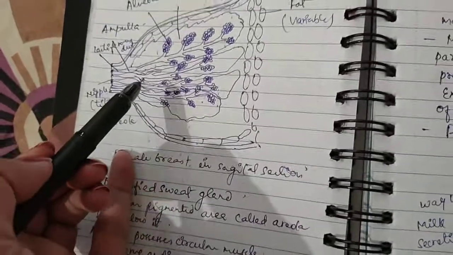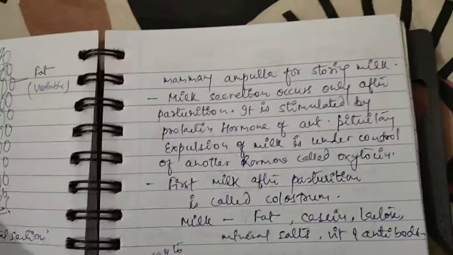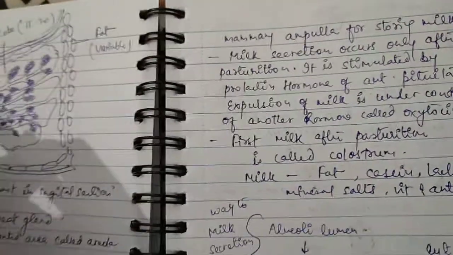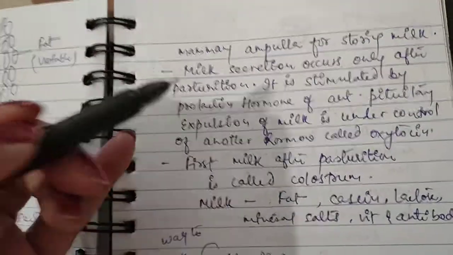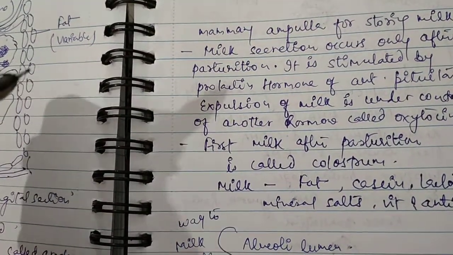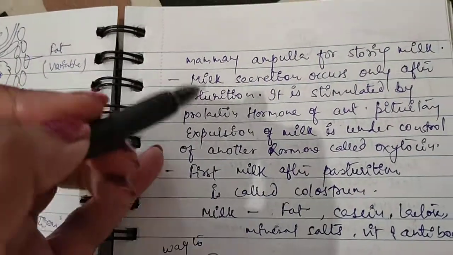You see here that it has a broad structure known as ampulla. Ampulla is any structure which is somewhat broader than the other. Yesterday you saw isthmus, ampulla and then infundibulum in the fallopian tube structure.